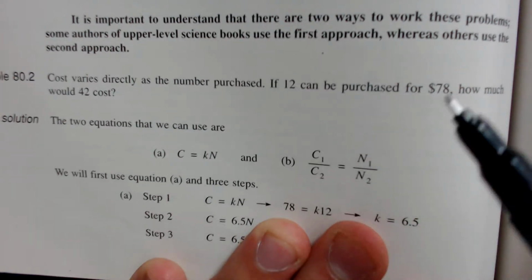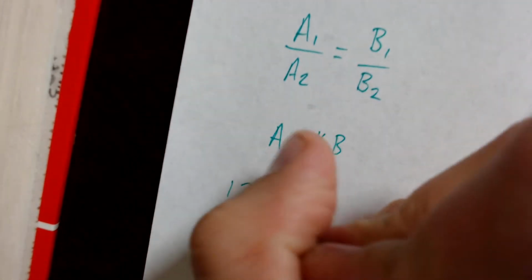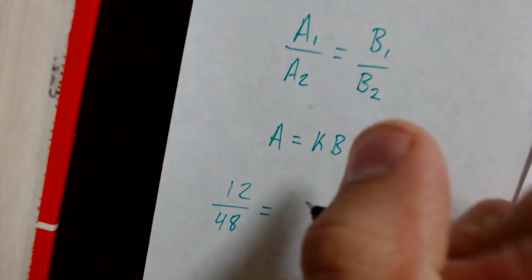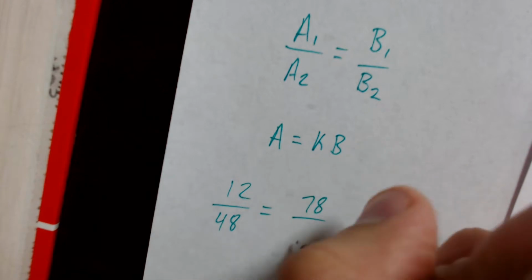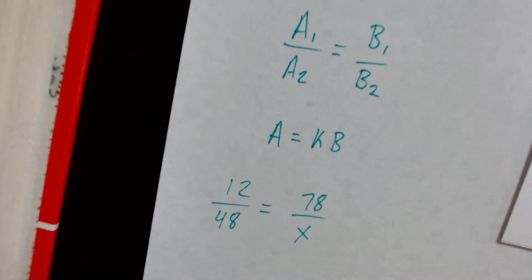So 12 can be purchased for $78. How much would 48 cost? This is a direct variation, and I'll go ahead and use both of these methods. So if 12 is to 48 and 12 costs $78, how much does 48 cost? That's one way to do it.